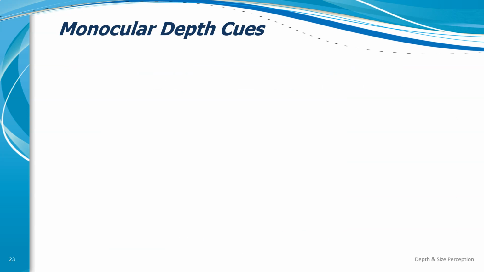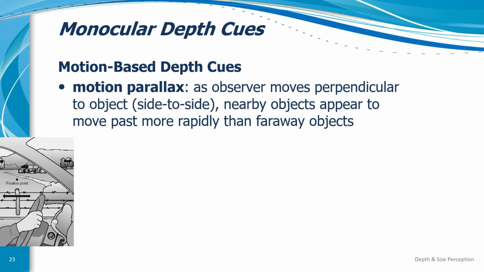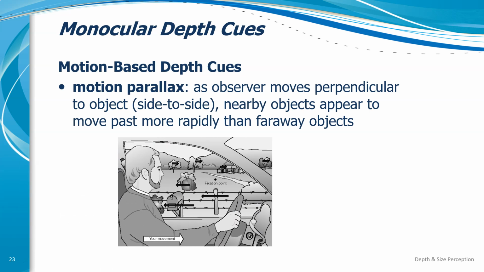Now we also have monocular depth cues that incorporate motion. So these are not necessarily pictorial depth cues, so we're subdividing the category. One of these is motion parallax. So please don't do this if you're driving a vehicle. If someone else is driving, or if you're on a bus, for example, if you look out to the side, things that are very, very close to the road seem to be going by very quickly.